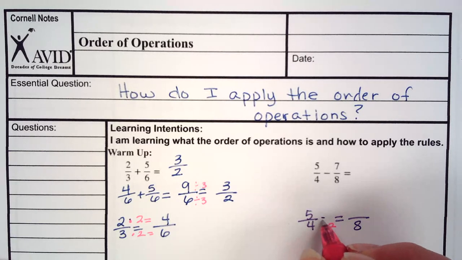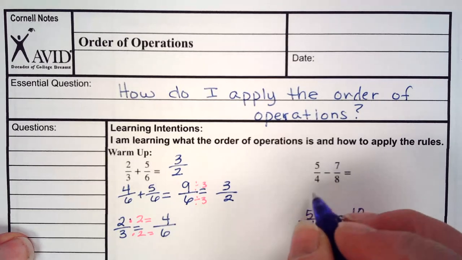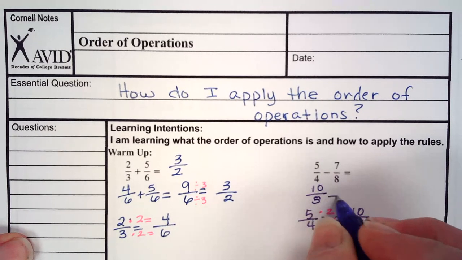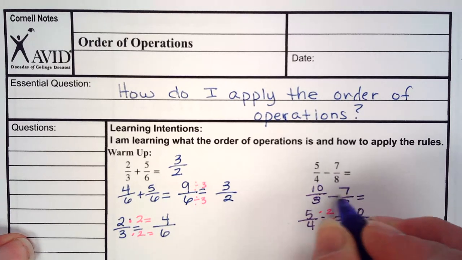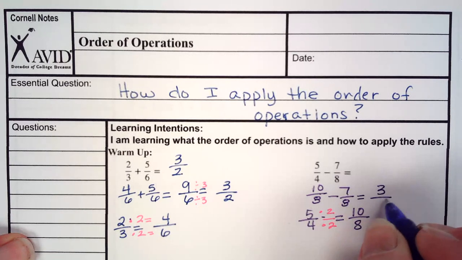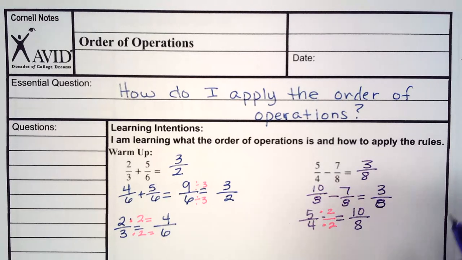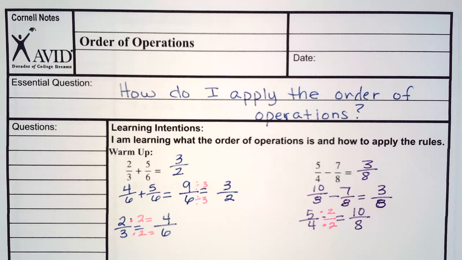I multiply it by 2. 5 times 2 gives me 10. 10 over 8 minus 7 over 8. 10 minus 7 is 3, so that's 3 over 8. This time I cannot simplify. 3 and 8 have no common factors, so I'm done.